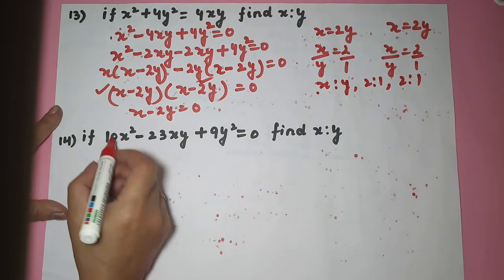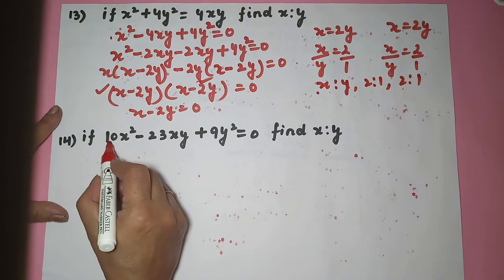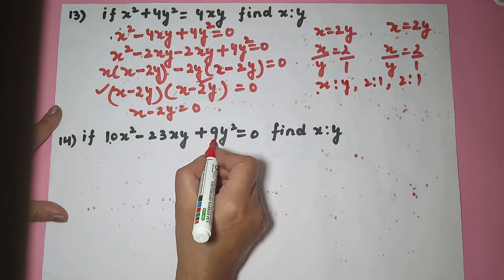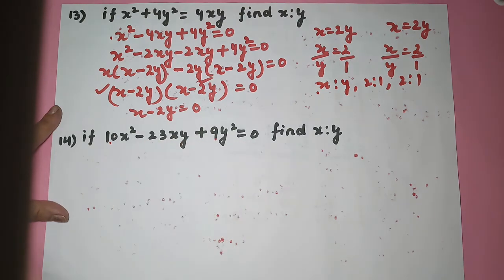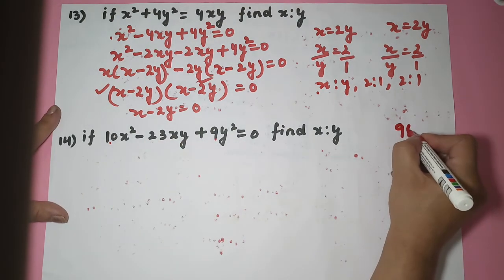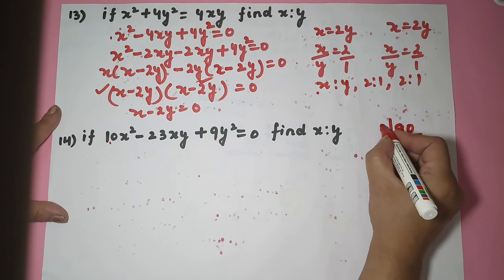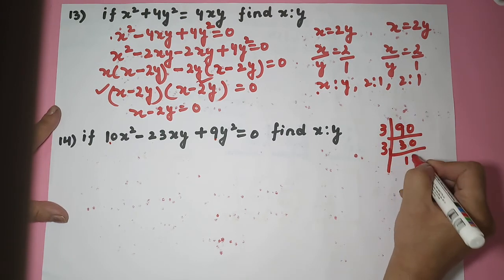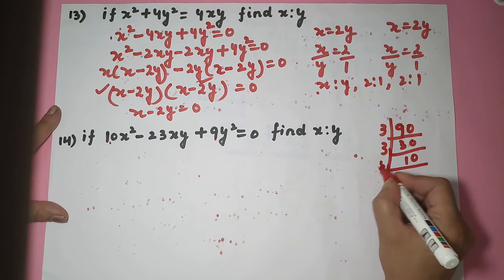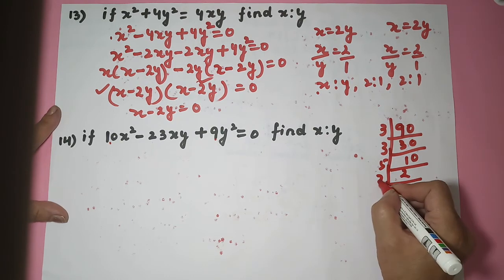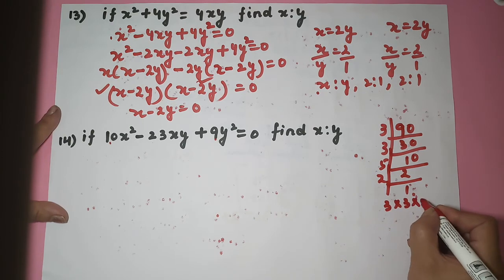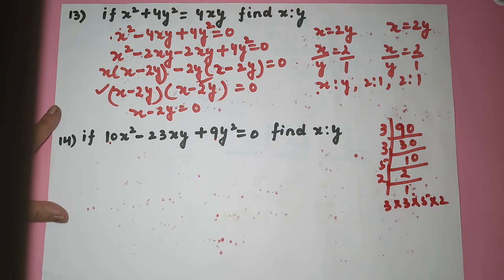Right? Similarly, let's take up this question. You have 10 9s are 90. Two factors of 90 you have to find, which are equal to 23. Let's try to find the factors of 90 here. So 3 30s are, 3 10s are, 5 2s are, and then 2 1s are. So we have 3 into 3 into 5 into 2.